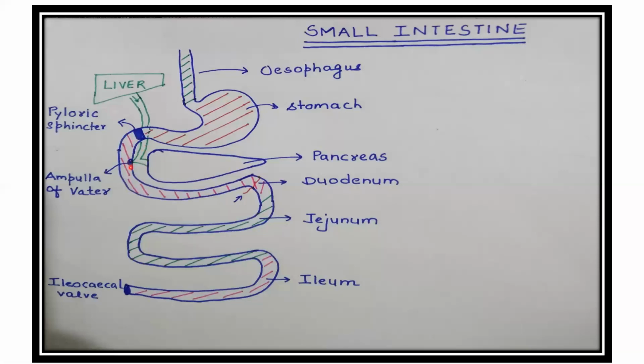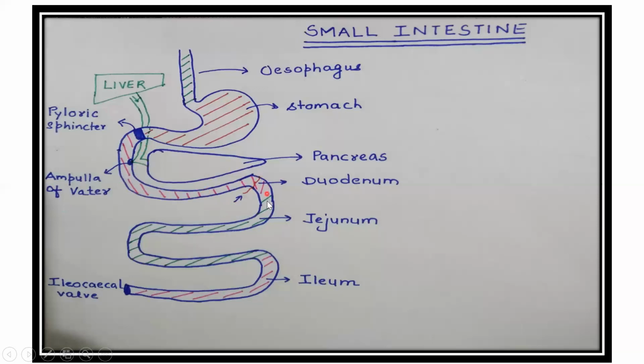And this opening is called the ampulla of Vater. Then we have the horizontal part, and lastly the ascending part. The point where the ligament of Treitz is joined to this intestine demarcates the duodenum from the jejunum.